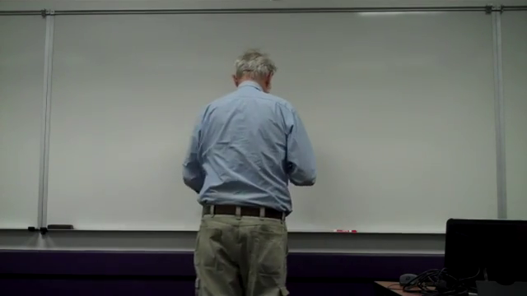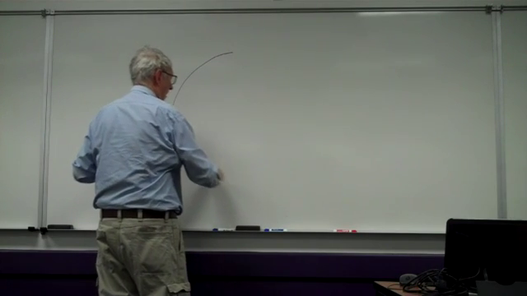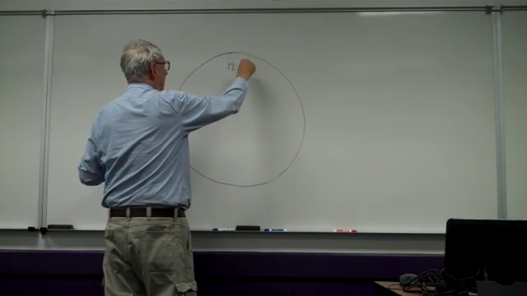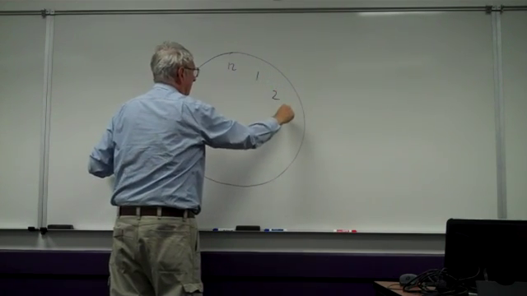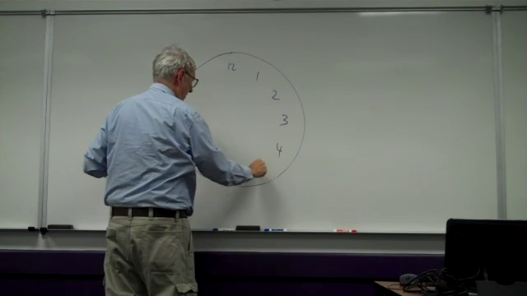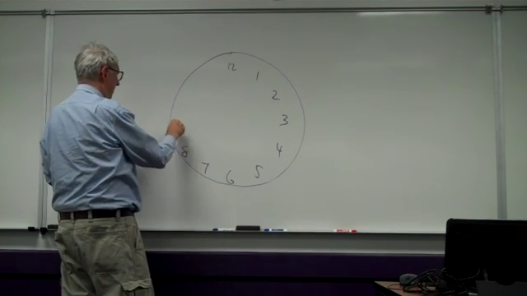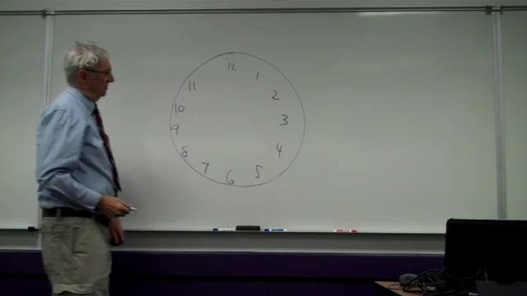So basically, your clock looks like this. It's got 360 degrees in it, 1, 2, 3, 4, 5, 6, 7, 8, 9, 10, 11, 12. That's essentially what it looks like.